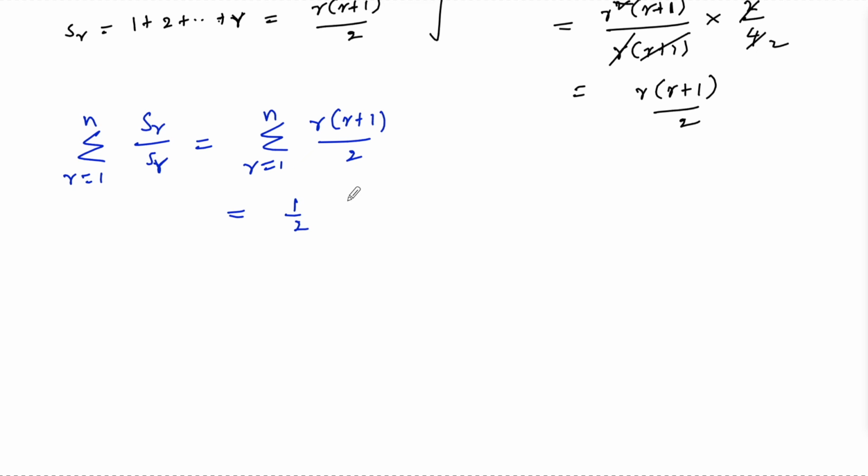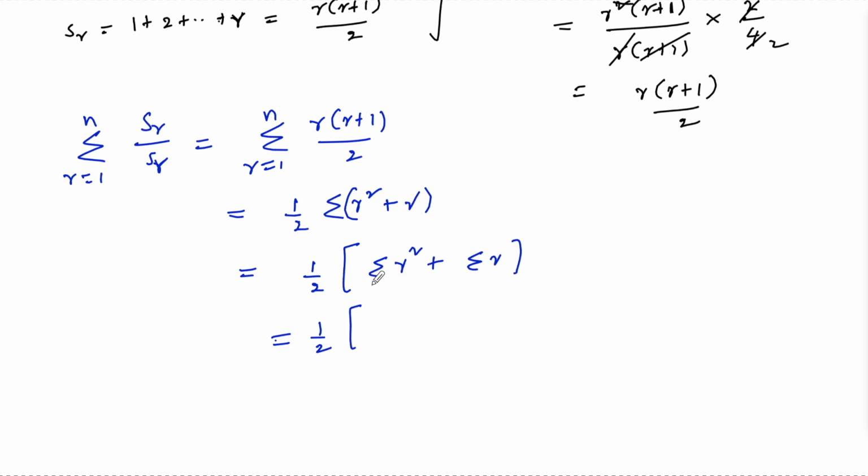So 1 upon 2 is a constant, we can bring it outside, and the summation of r square plus r, or we can write 1 by 2 times summation of r square plus summation of r. So 1 by 2 times, the sum of the squares of the first n natural numbers is n into n plus 1 into 2n plus 1 upon 6, and summation of r is nothing but the sum of the first n natural numbers, that is n into n plus 1 by 2.